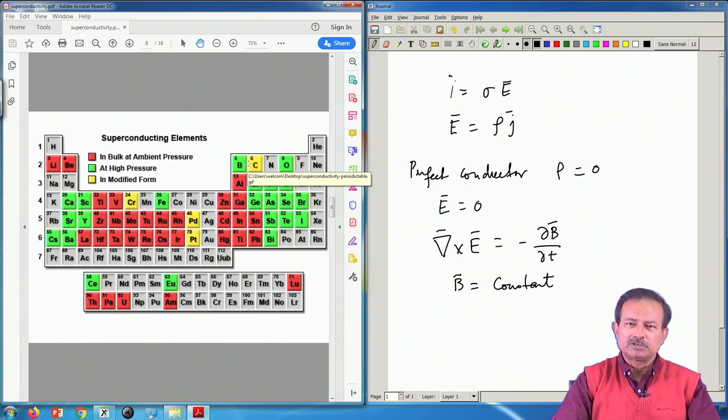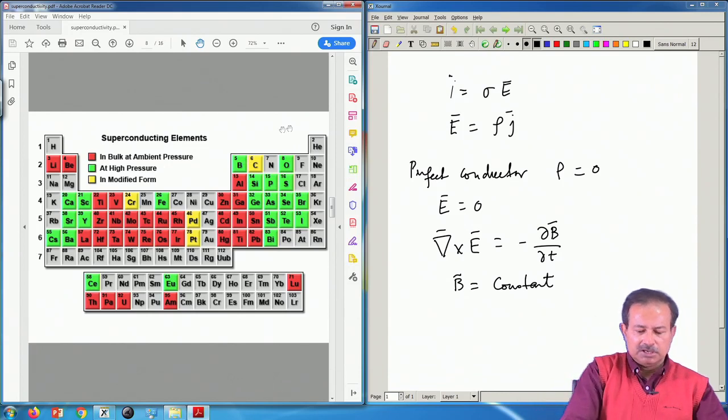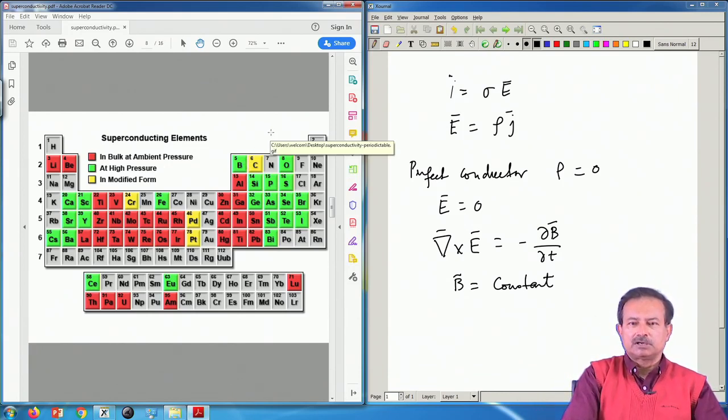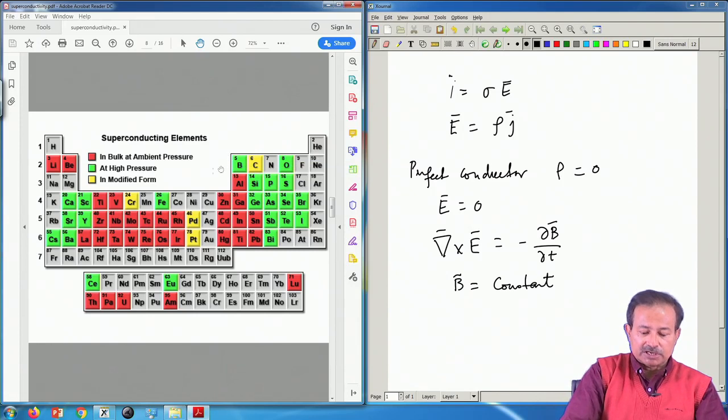When you dope C60 with potassium, for example, alkali metals, it becomes a superconductor. Pure carbon, graphite for example, is not a superconductor. Diamond is not a superconductor, at least not normally.